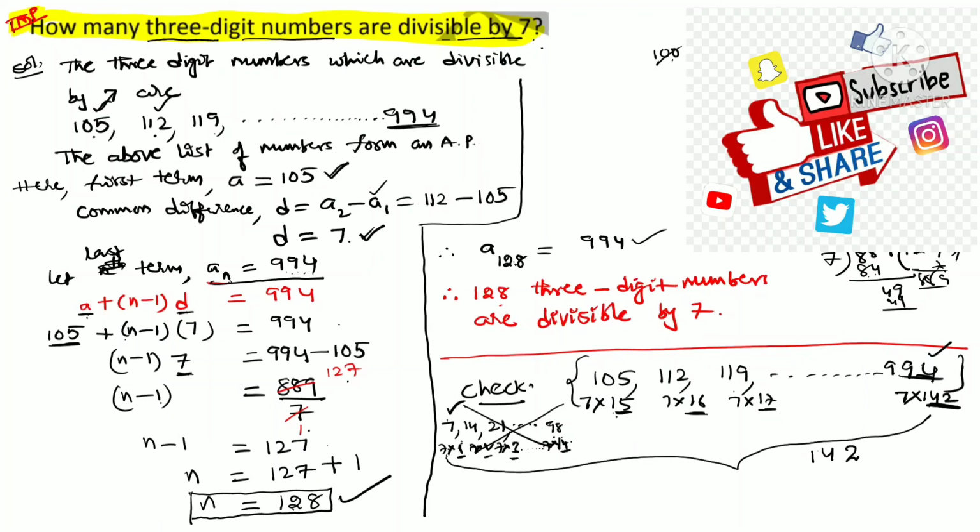That means from the 15th number onwards we want. So the remaining 14 numbers we don't want. So minus 14. 12 minus 4 is 8, 13 minus 1 is 12. So did you get this 128? Yes or no? So this is a shortcut to check whether your answer is correct or not. So this is clear, I think, everybody.